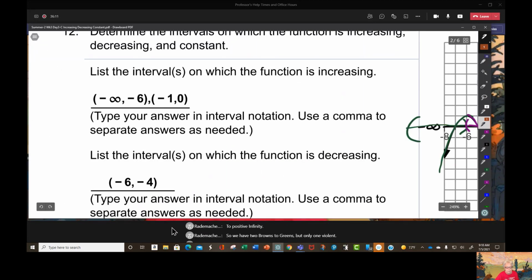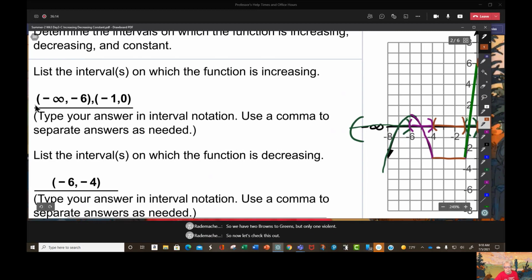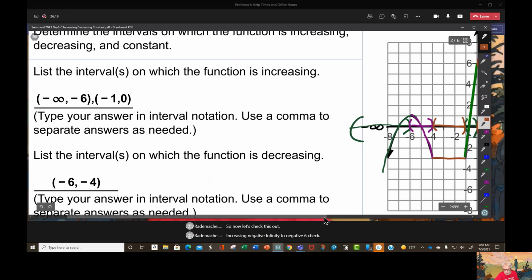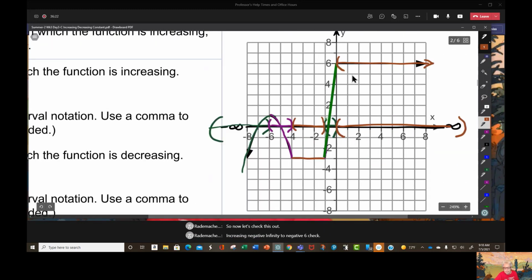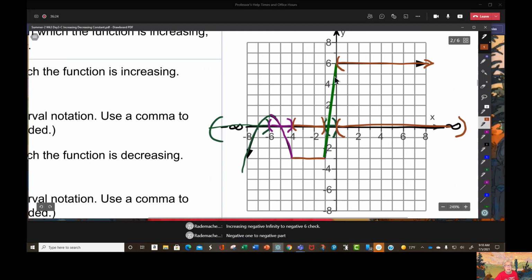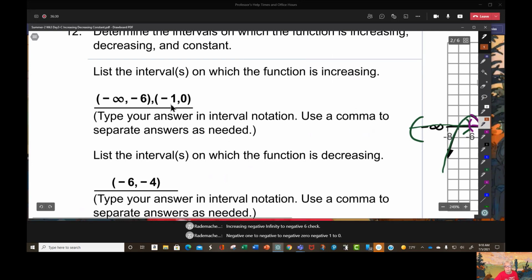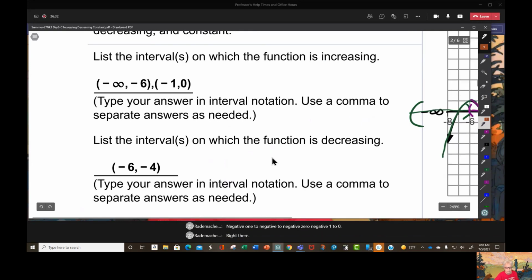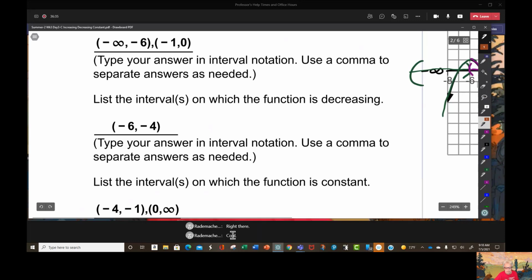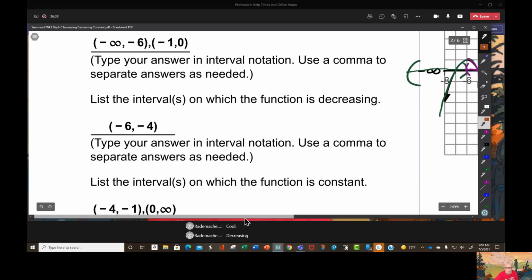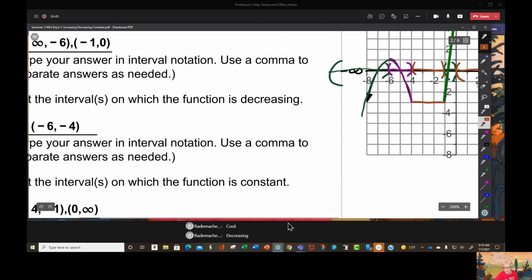So now let's check this out. Increasing, negative infinity to -6, check. -1 to 0, right there. Cool. Decreasing. Well, there's this, -6 to -4, got that, and there's only one decreasing.